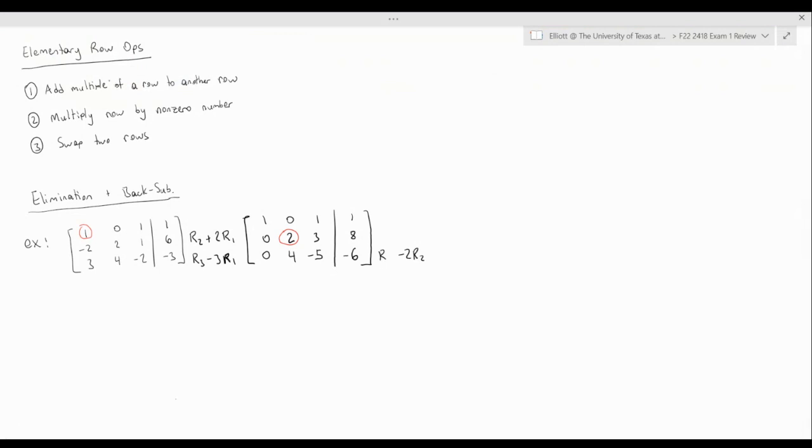So row 3 minus 2 row 2. That's going to put our matrix into this upper triangular form now. Upper triangular just means that you have zeros beneath the main diagonal there, okay?